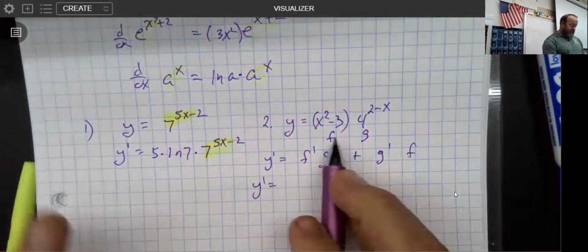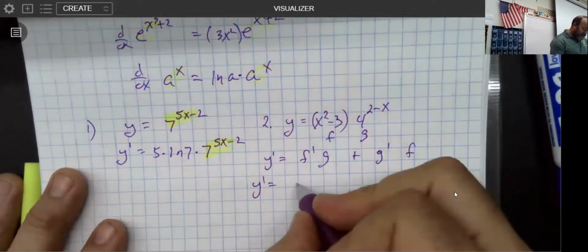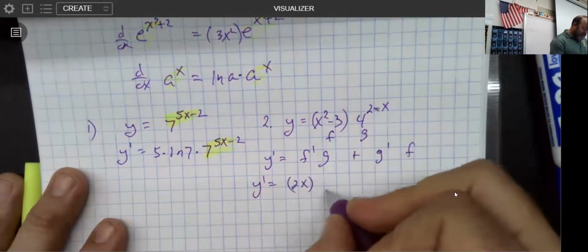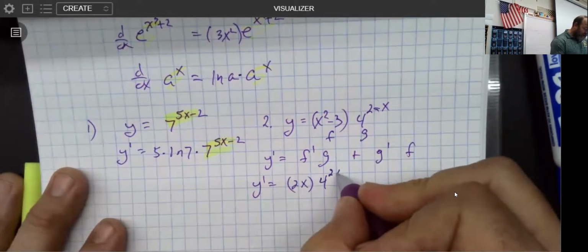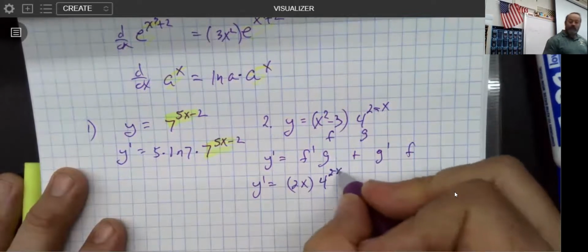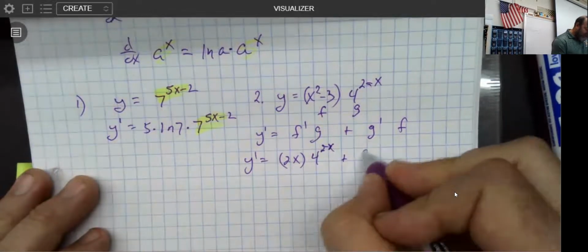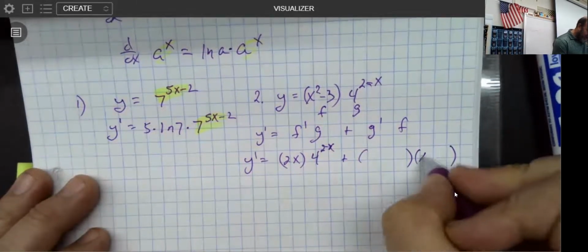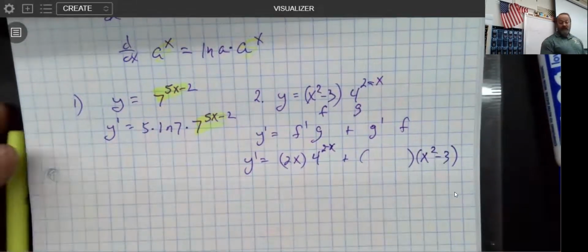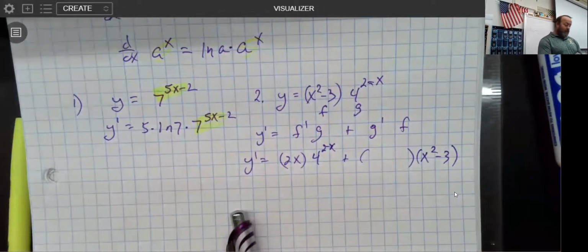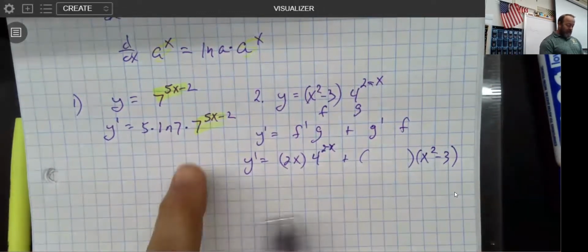f prime is fairly simple. It would be 2x times g itself, which is 4 to the 2 minus x. Hopefully I didn't write that too poorly. Plus, now we're going to have g prime times the original f itself. But g prime is the part that I'm the most concerned about. So we're going to go through the process like we did over here.